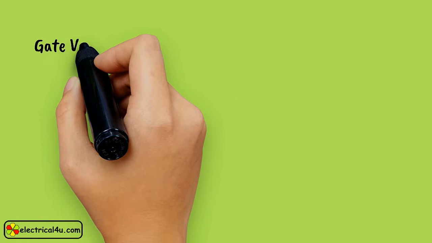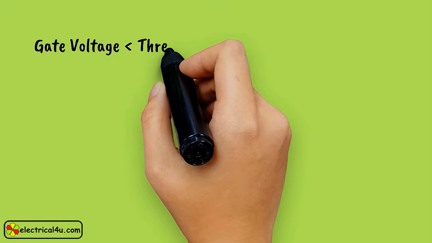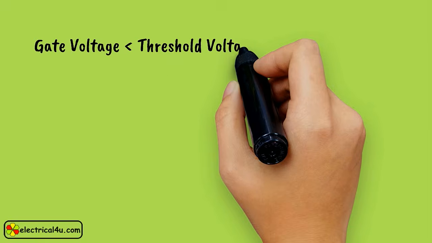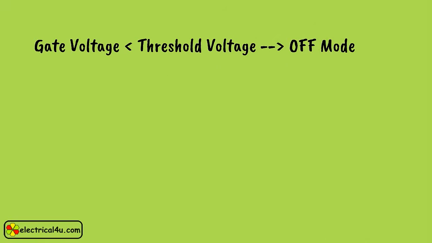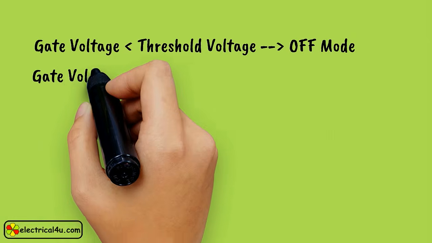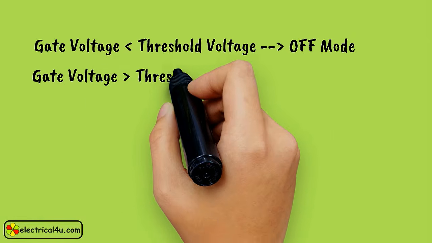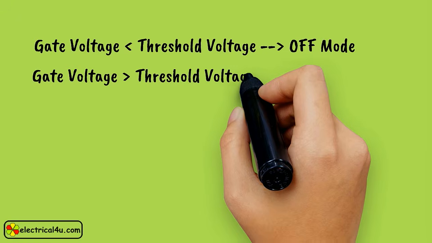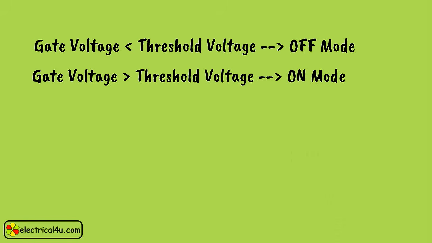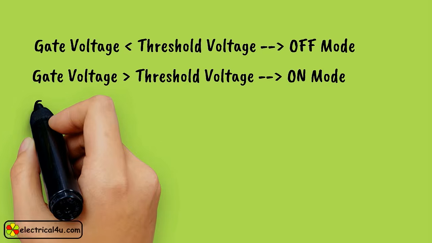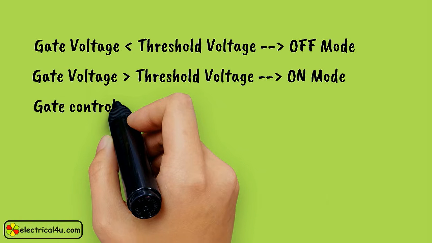So, below threshold voltage, the device will behave as non-conducting or in off mode. And for gate voltage greater than threshold value, the device will be in conducting or on mode. So this type of MOSFET is suitably used as a gate control switching device.